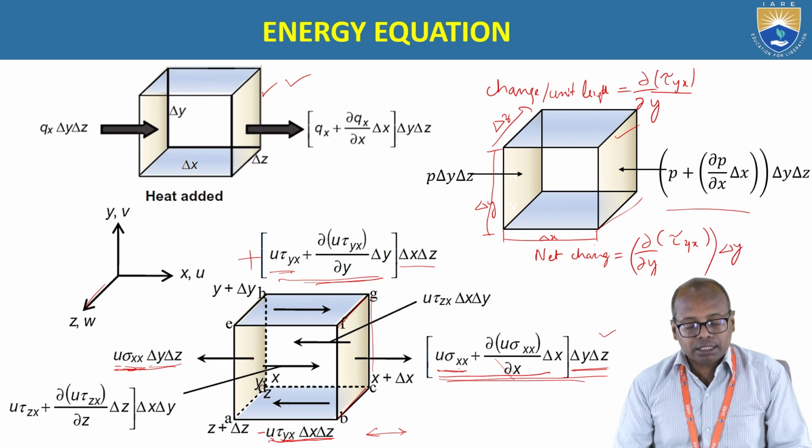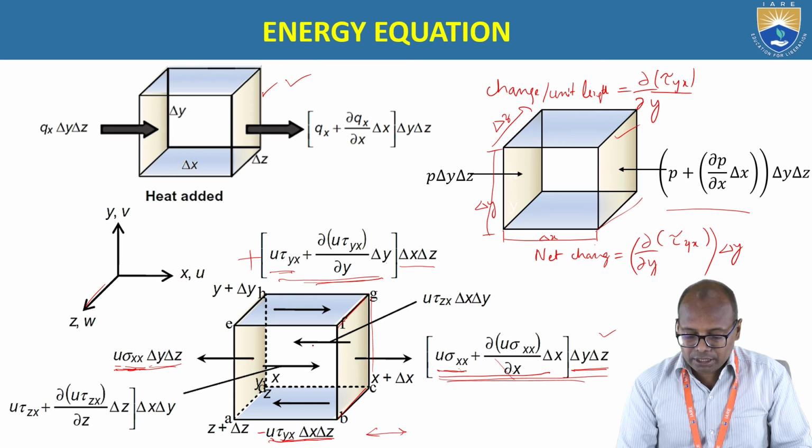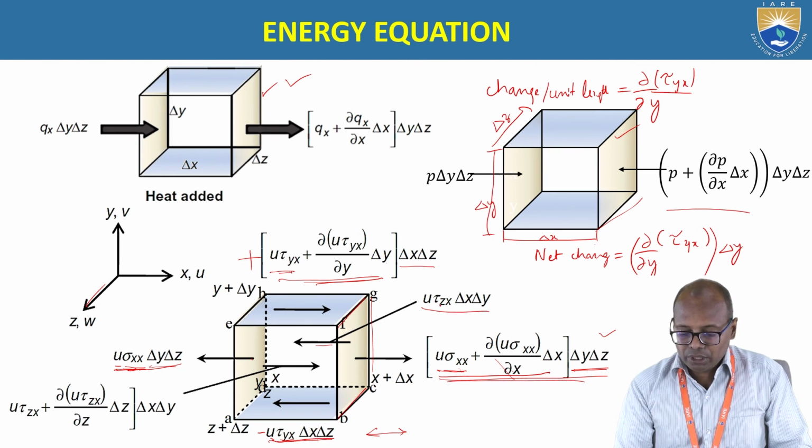Now if I consider the front face and back face, so the back face, the velocity is u and the shear stress acting in x direction is tau zx. What is this tau zx? It is the shear stress acting in x direction and varying in z direction.